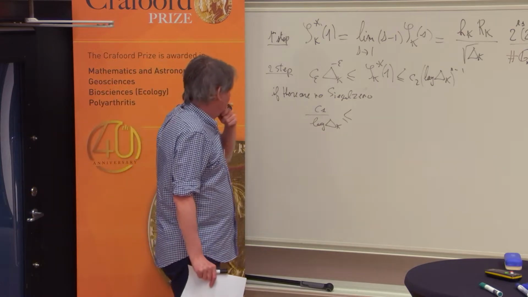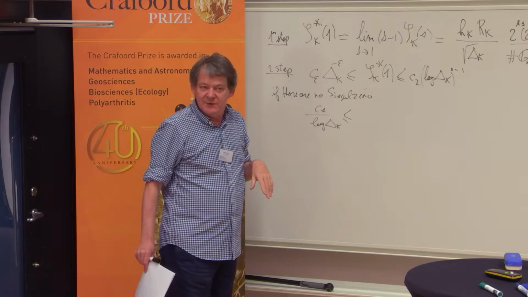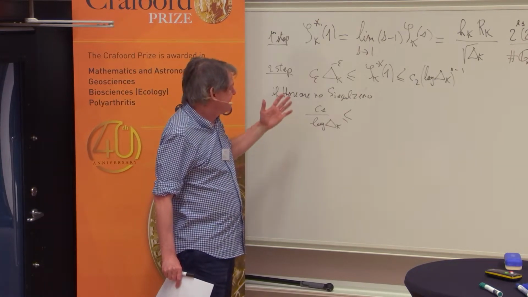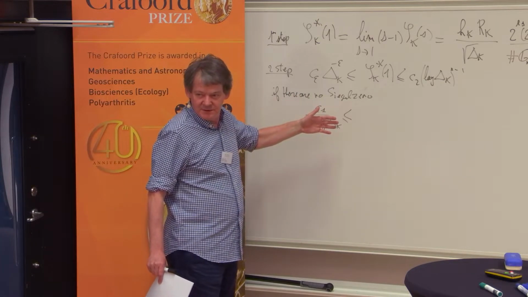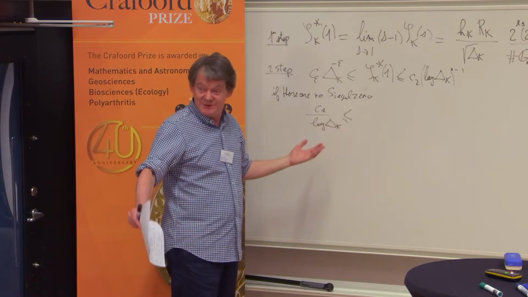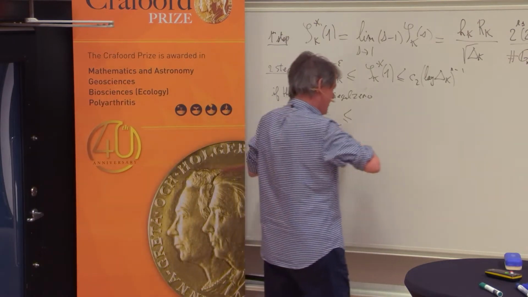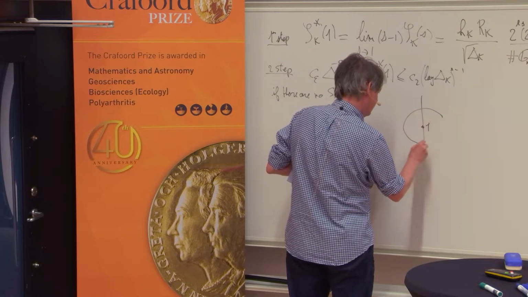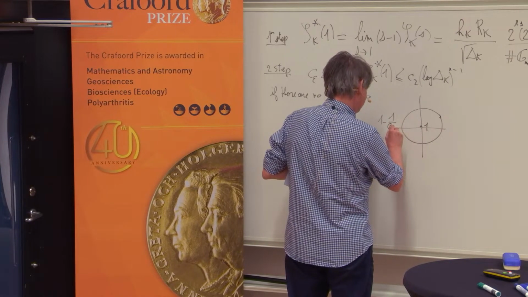And of course, you can get even better estimates if you assume GRH, but not that much better. You can replace the log by log-log, which is interesting, but with GRH. Here you only need to know, I will make the drawing. You draw a small circle. You go to 1 minus 1 over log delta.